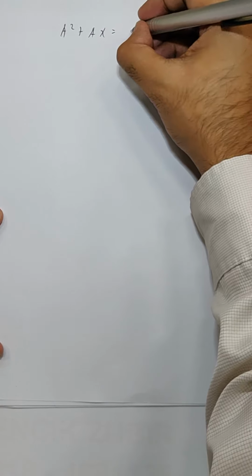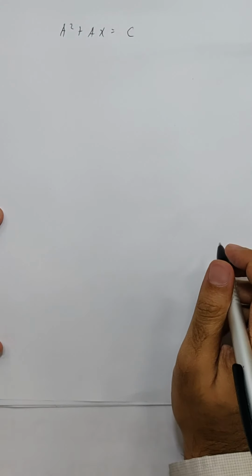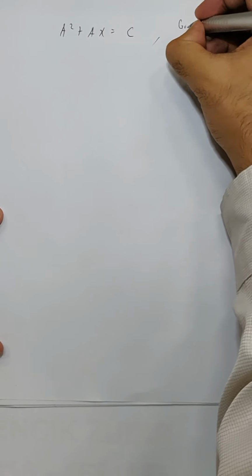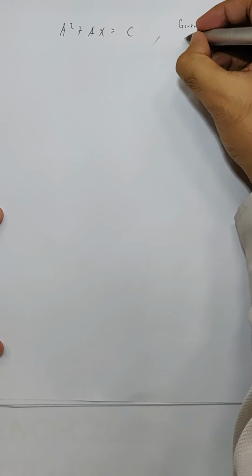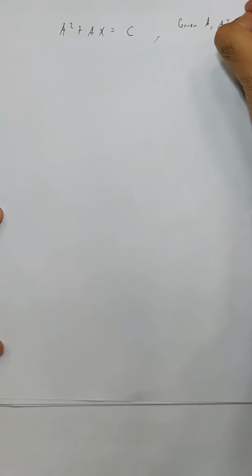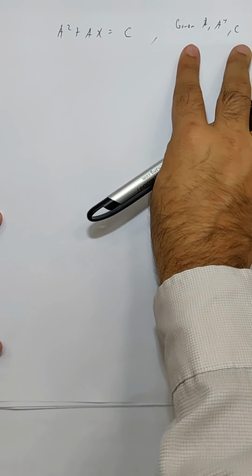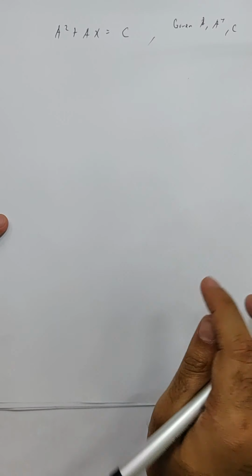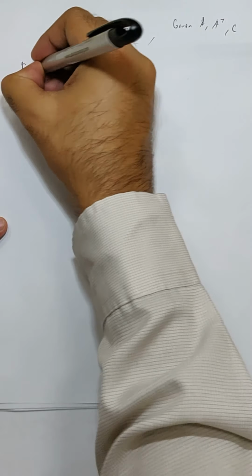Let's say C. Okay, let's say you are given A inverse and C. Let's say you're given these three. Find X.